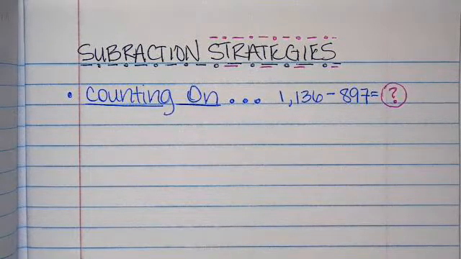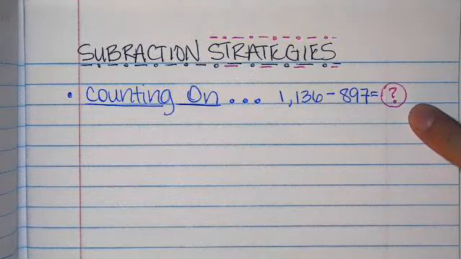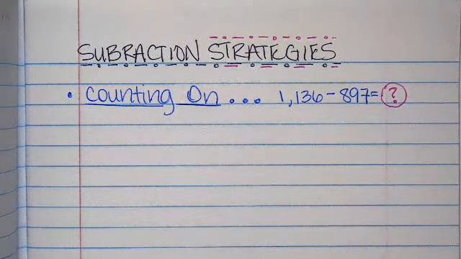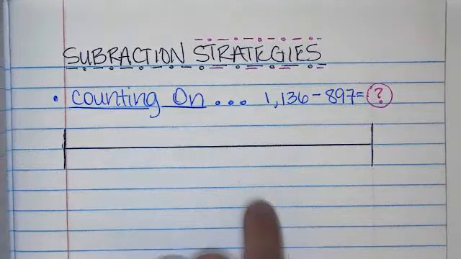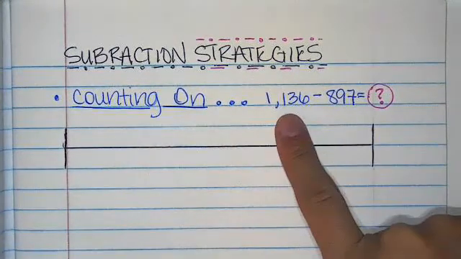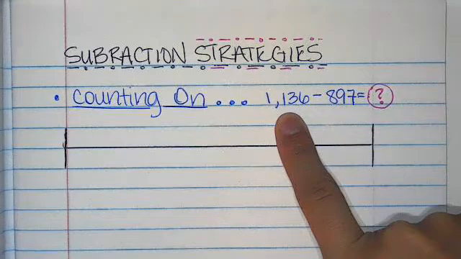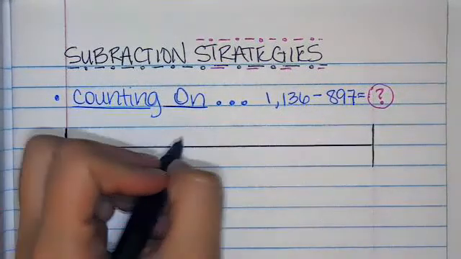The counting on strategy we're going to use is with the subtraction problem 1,136 minus 897. And right here, we are going to find out what that missing number is. Please remember the whole amount is 1,136. It's the biggest number that we have in our subtraction problem.